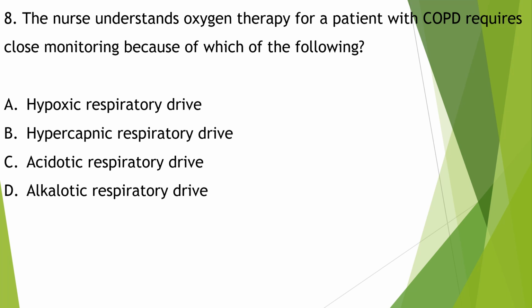And when we are giving a higher oxygen concentration, what happens? The increased amount of oxygen may cause the patient to stop breathing. So for the COPD patient, hypoxic respiratory drive is the one driving breathing, and we need to monitor the patient for this hypoxic respiratory drive.